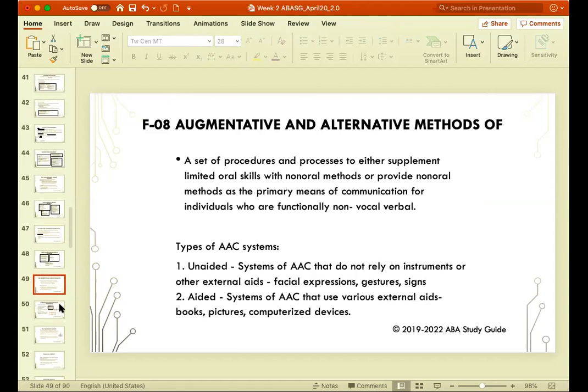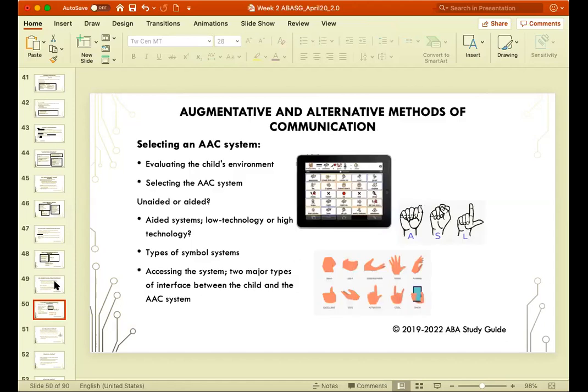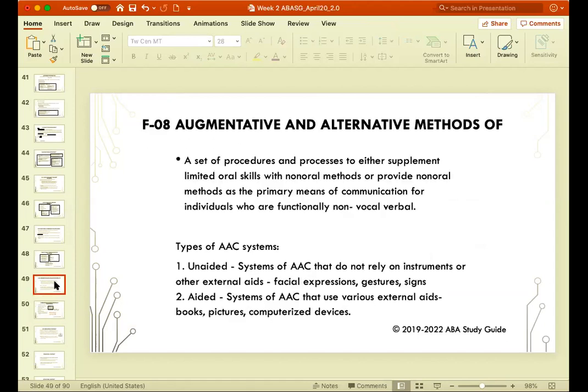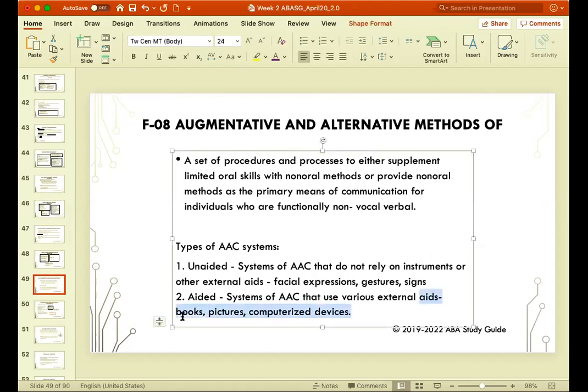It's basically anything outside of talking, let's put it that way. PECS is an aided AAC. Books, pictures, computerized device.